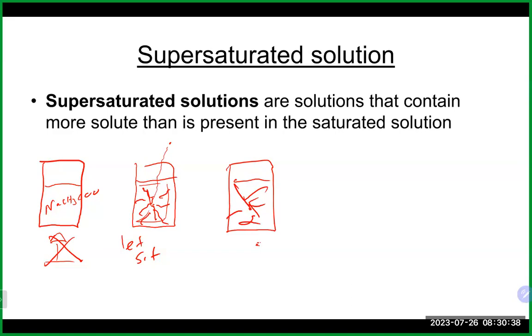So it creates a really unstable solution when you make a supersaturated solution, because you have a solution that has way too much solute dissolved in it, and it doesn't want to stay that way. Any little change is enough to throw it over the edge and allow that solid to come out of solution, because it is too saturated with the solute that's in there.